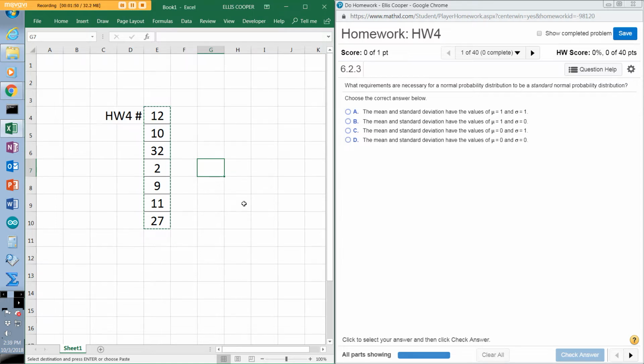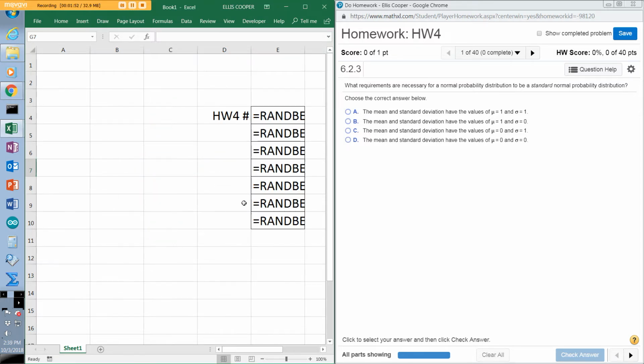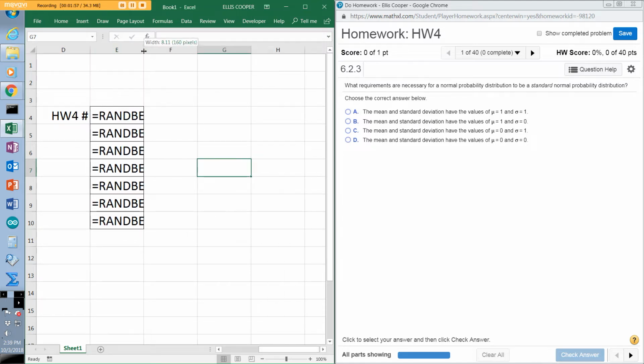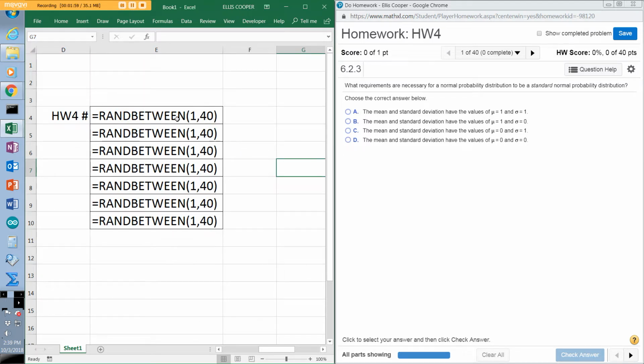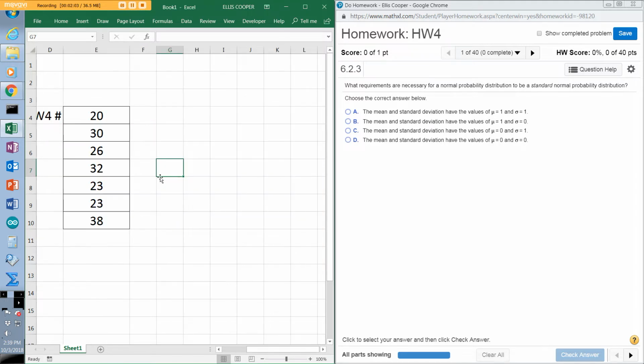So I'm going to go Control backtick and show you these formulas like this. And you see it's the same formula, but it's actually picking out different numbers. And if I go to a different cell here and put in anything, it recalculates them. That's why I have to do this copy and paste thing.